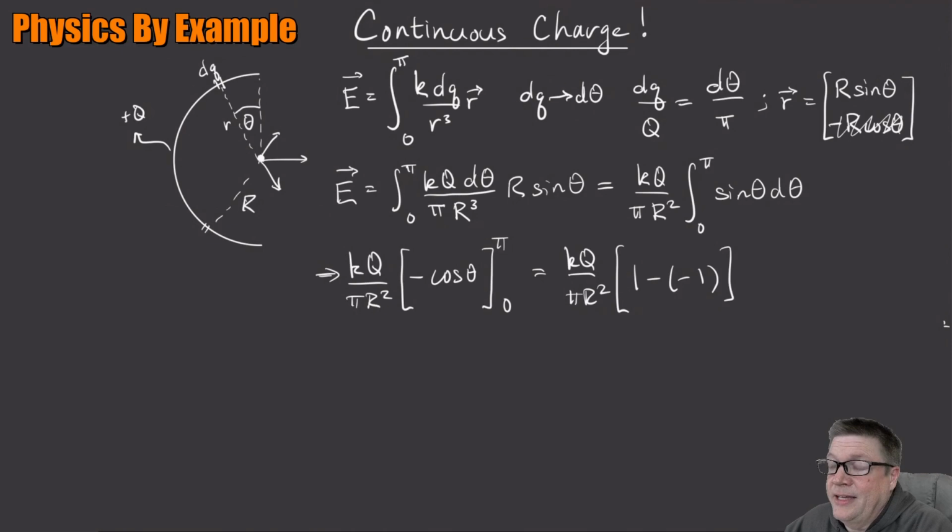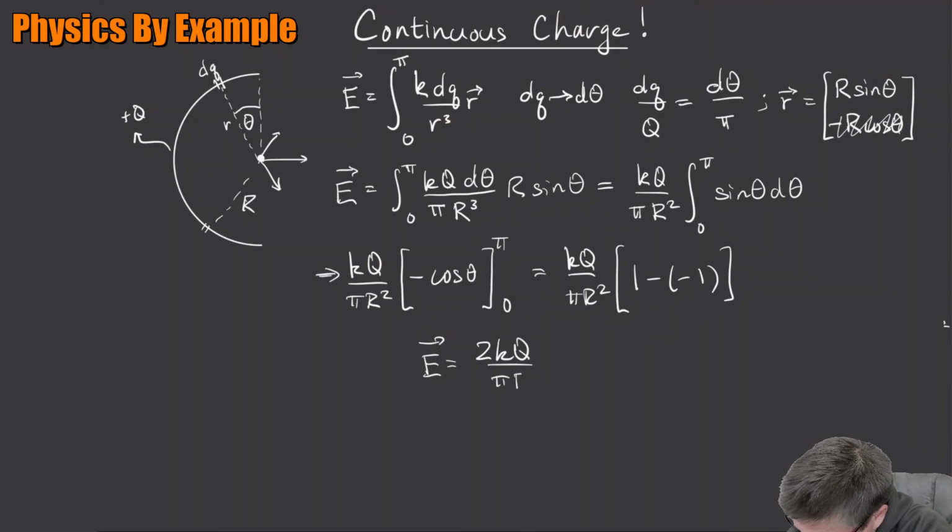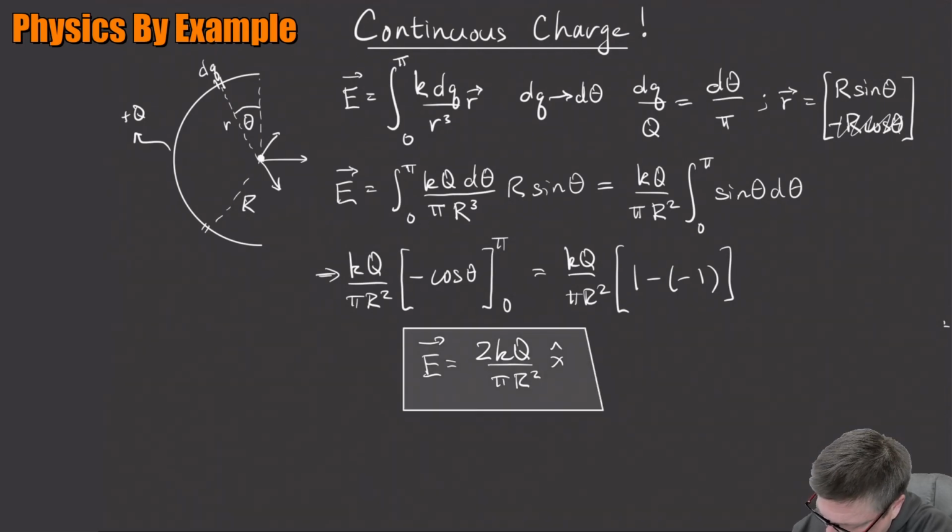I think that's right. That's going to give me an overall 2. So my electric field is just 2kQ over pi R squared, and overall that's in the x hat direction. Neat. I think that's it.